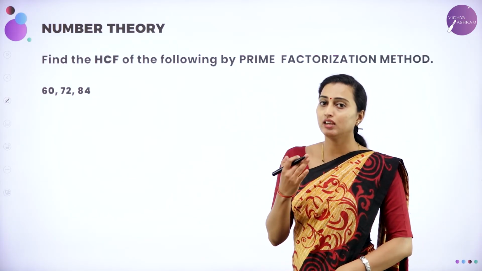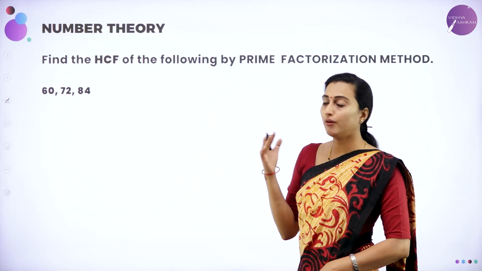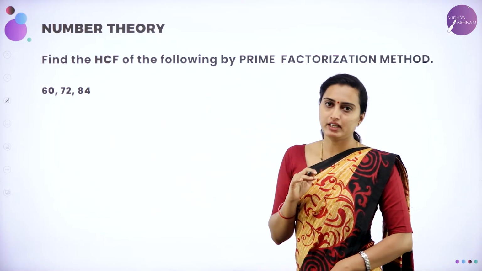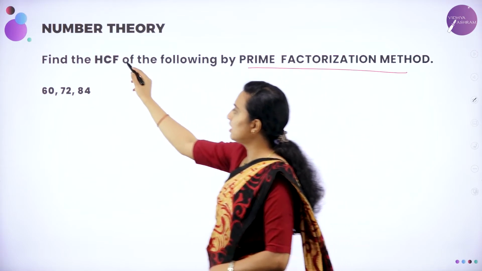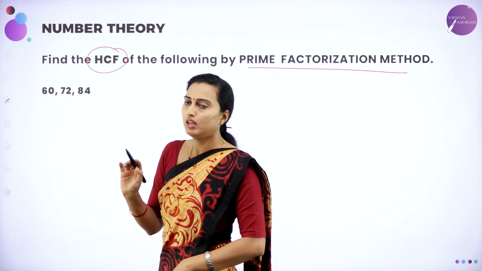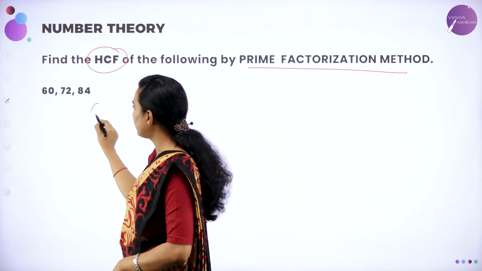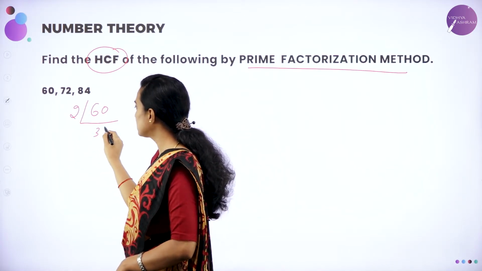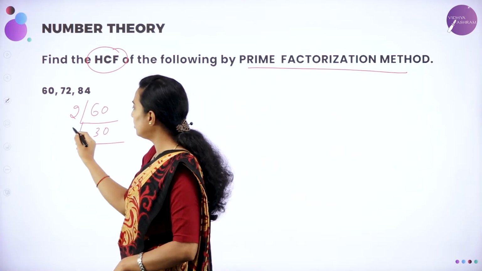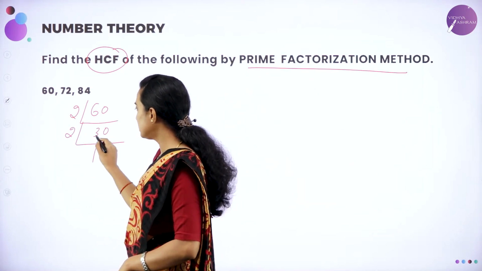Still you will be getting how the pattern will be and how we are going to find it by prime factorization. So here by prime factorization, you are going to find the HCF of the given numbers. Let me find one below the other the prime factors of this. 60 is an even number. So 2 3s are 6. 30 again you are going to have 2 1s are 2.